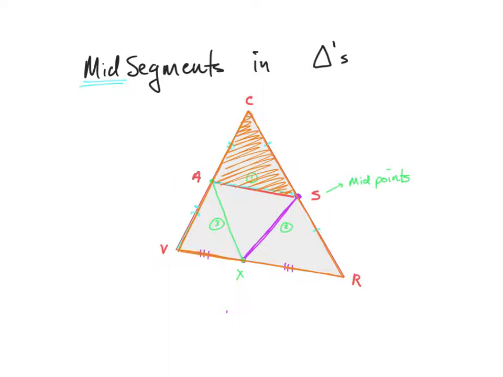Meaning we've taken this smaller triangle and this mid-segment has basically expanded it into a similar triangle. So what does that do? Well, it creates a relationship between the sides, the bases, and your area, basically, of this 2-to-1 proportion.